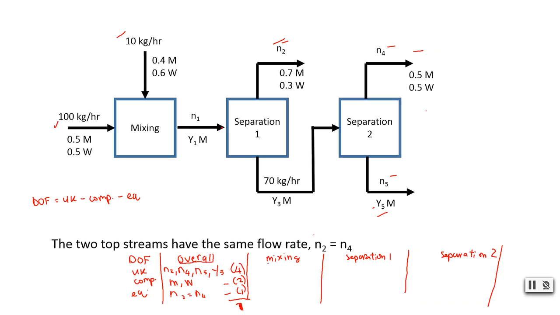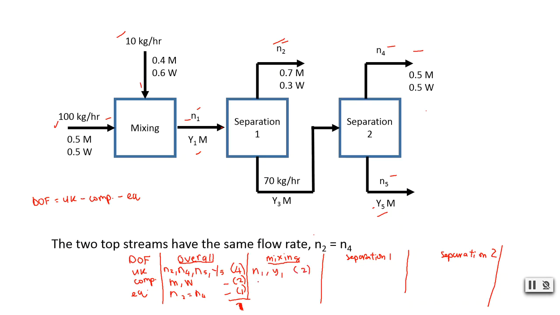So we go to the first process. Now we are focusing on the mixing process. What goes in? 1 and 2, and what goes out? This one. So for mixing, how many unknowns? We have N1 and Y1, so we have 2 unknowns.